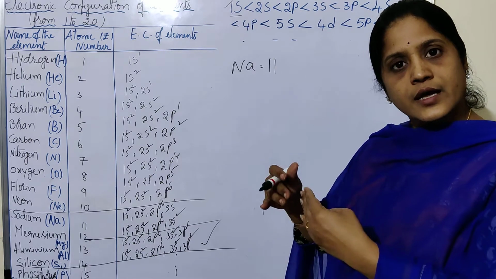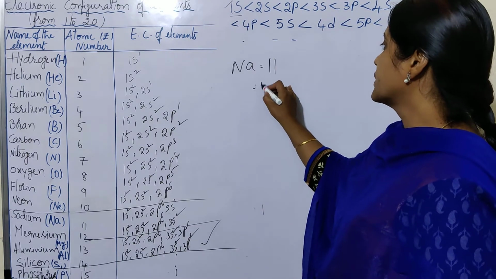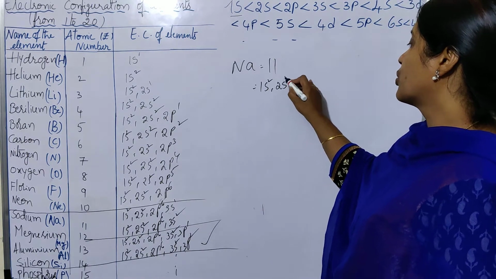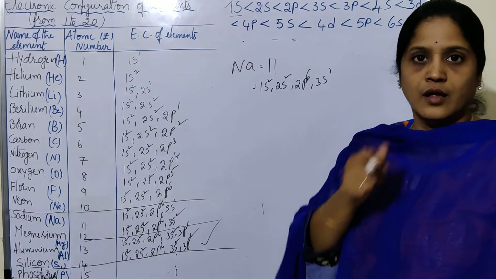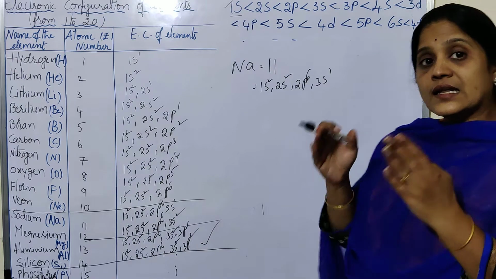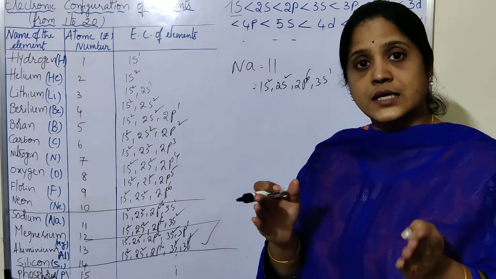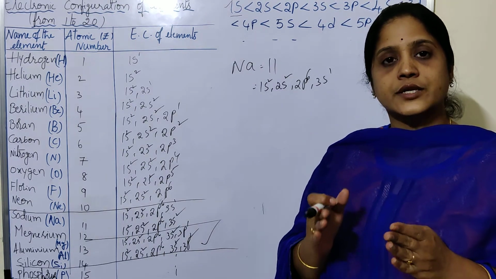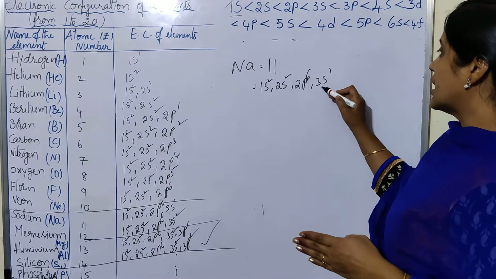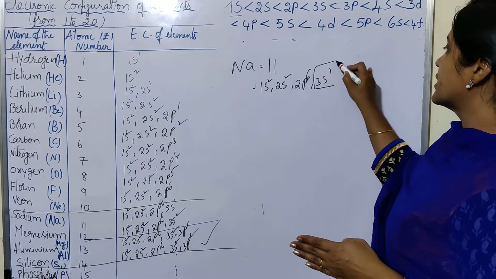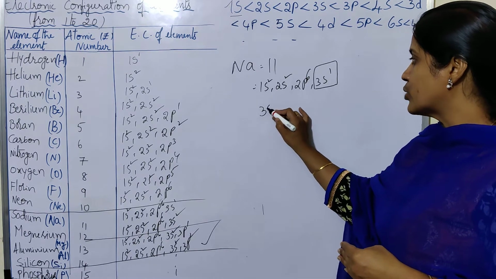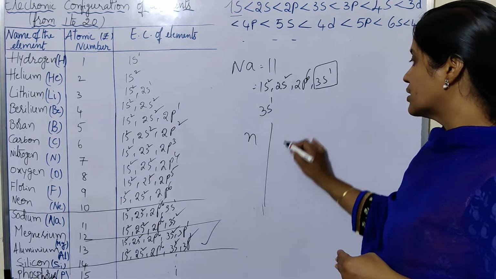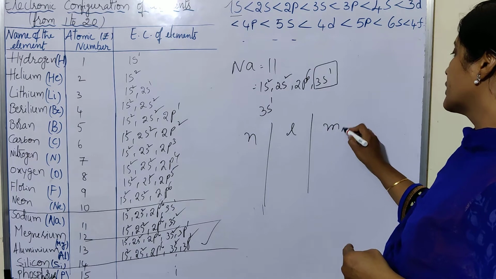Then immediately write the electron configuration: 1s2, 2s2, 2p6, 3s1. The differentiating electron means the last electron enters which orbital? The last electron enters this 3s orbital. So take that one. For this 3s1, you must write all the 4 quantum numbers.